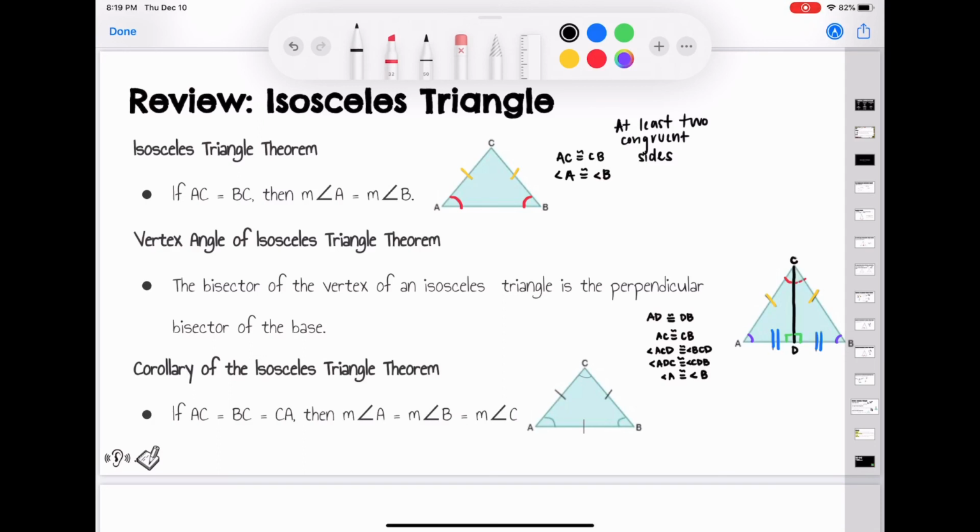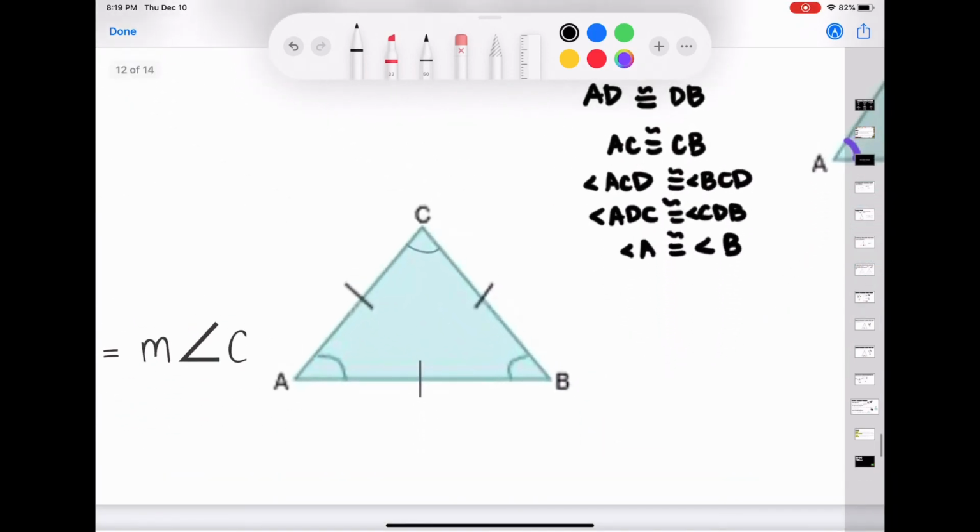This one tells us that if something is equilateral, so all the sides are equal to each other, then all the angles will be equal to each other. So if equilateral, then equiangular. So basically what that says is here we know that all these sides are congruent to each other. So that would look like AC is congruent to AB, which is congruent to CB.